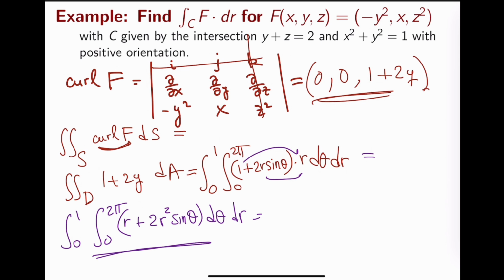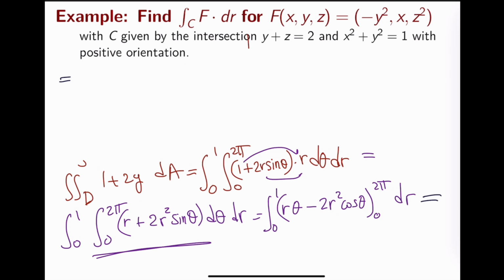So now we're going to integrate with respect to the angle. So this is the integral between 0 and 1, and the integration will be r theta plus 2r squared. The integration of sine is minus cosine. And this is going to be evaluated between 0 and 2 pi. This is going to be equal to the integral between 0 and 1, and now we evaluate this one at 2 pi.